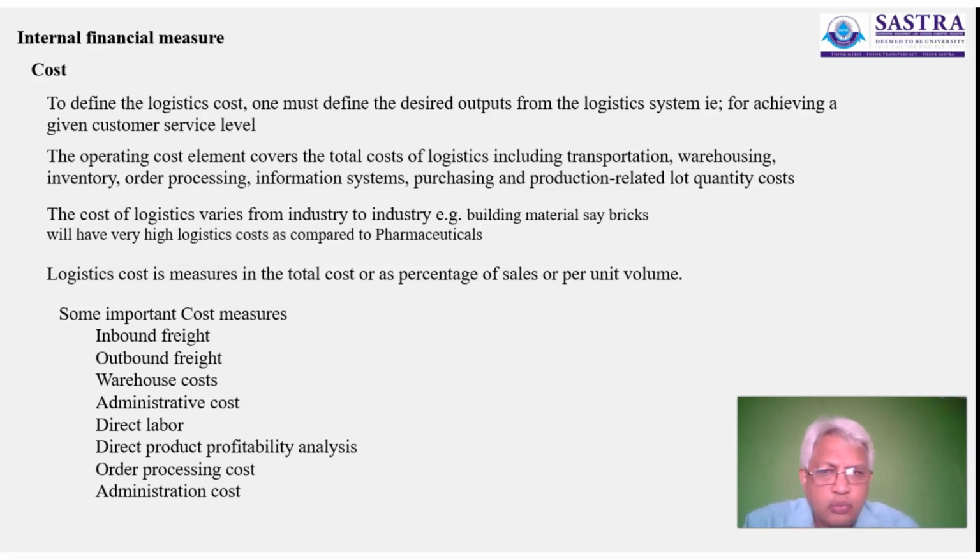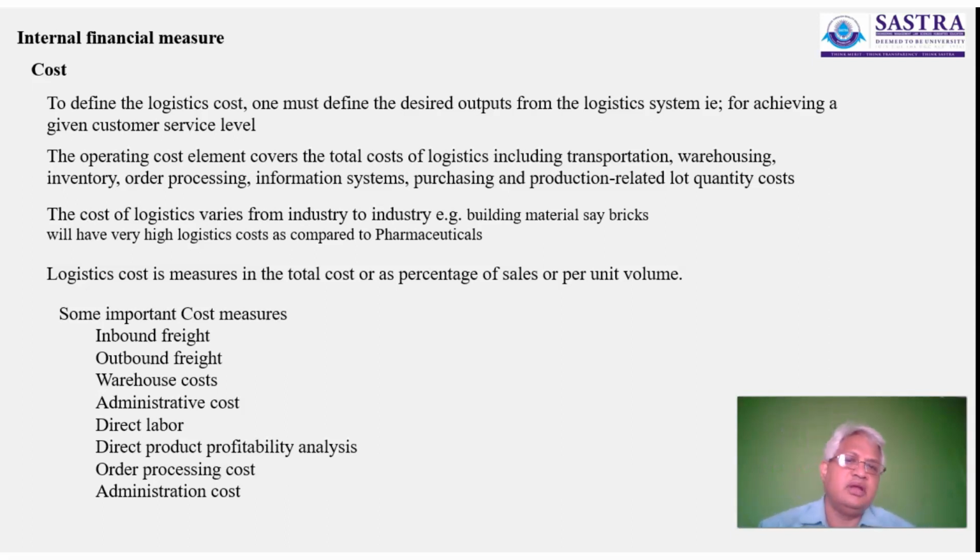So with this, we will look into the generic or general operating cost elements. Well, the total cost of logistics includes transportation, warehouse, inventory management, order processing, information systems, and purchasing and production related quantity lots, that is their costs. So the cost of logistics, please understand, varies from industry to industry.